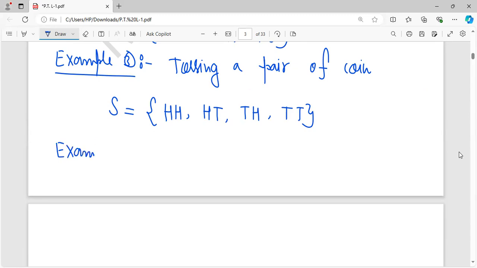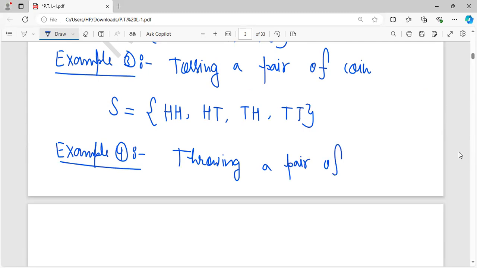Example 4, throwing a pair of dice. What is the sample space? Each die has numbers 1 to 6.